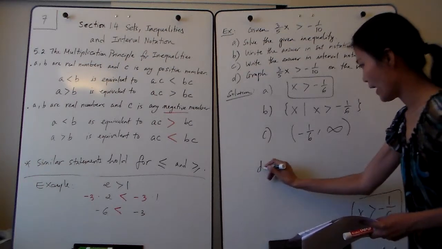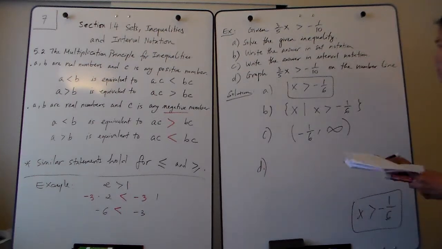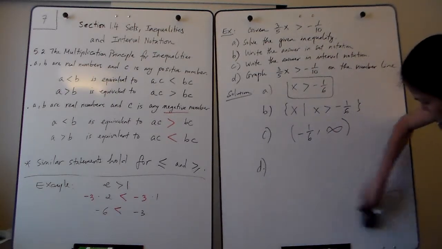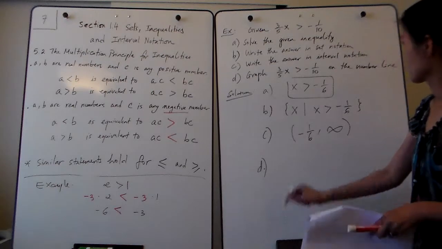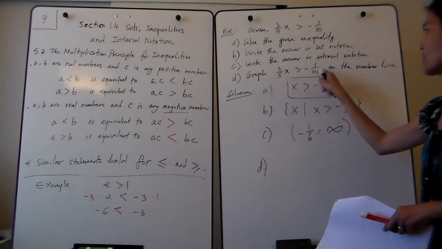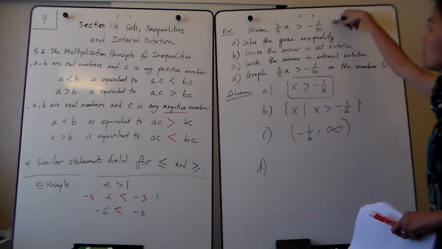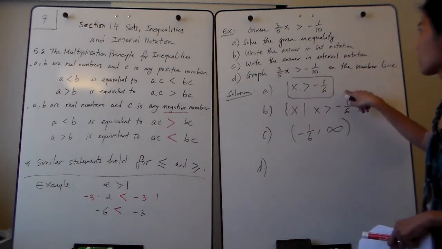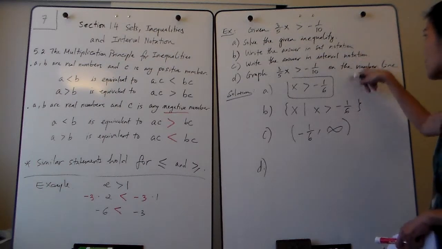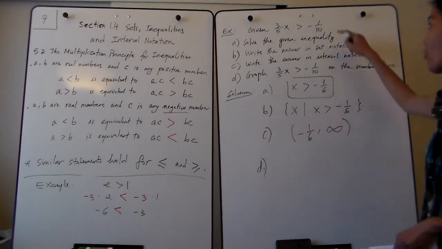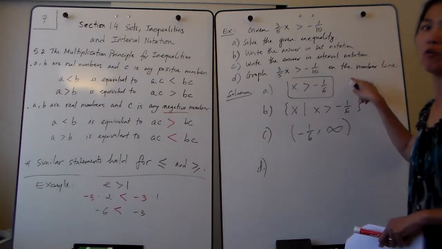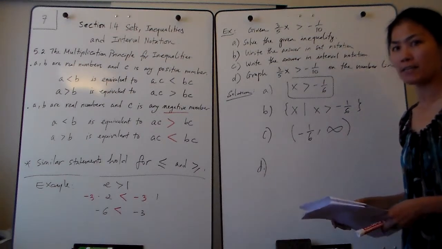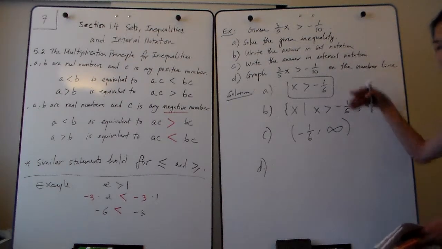And part D, we have graph this inequality on the number line. When I say graph this inequality, this inequality is the original inequality. And so we just saw, for x, these two inequalities are equivalent. So if I say graph this, it means I ask you to graph this answer right here. X is greater than negative 1/6 because they are equivalent.